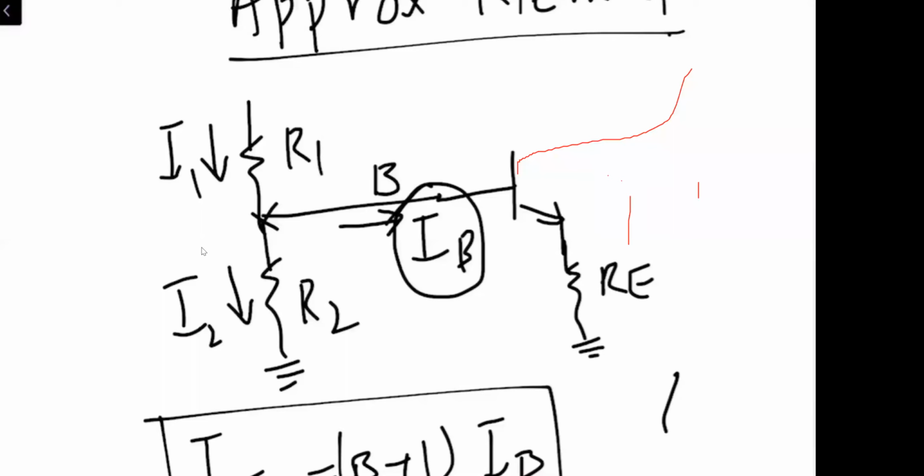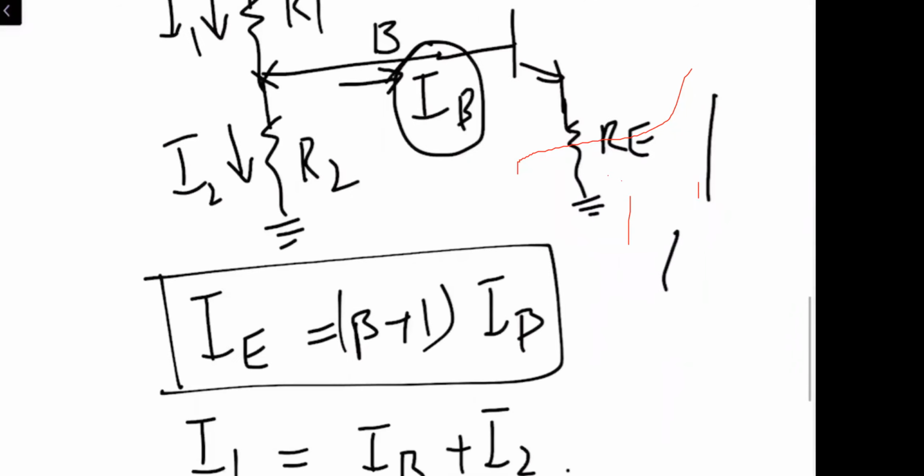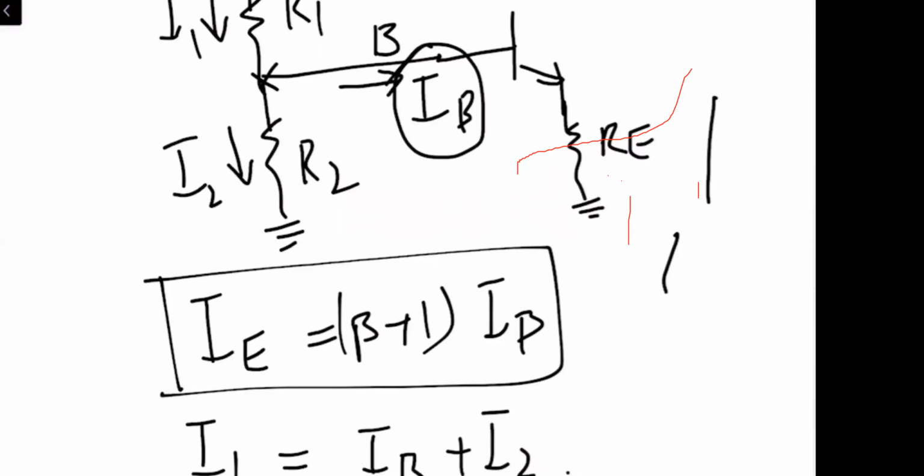Okay, so we started with the approximate method. In the approximate method, we consider that the current flowing in R1 and the current flowing in R2 are basically equal. This means that the resistance offered by the emitter in the circuit is very high.